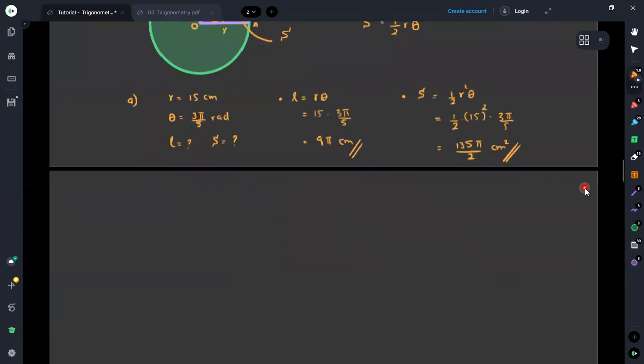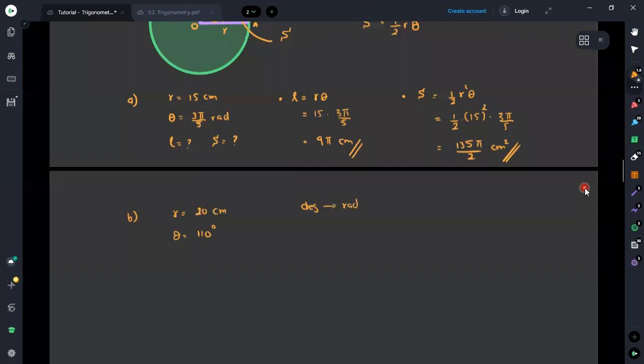I will take the next part, part B. In part B, the values are given for r and theta. R is given as 20 centimeters and theta is given as 110 degrees. Since theta is given in degree measure, first we need to convert degrees into radians.